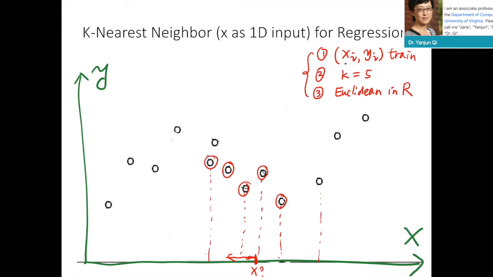Then I'm going to predict y for this specific point as the mean of these 5 points. So you just check out the y values. What is the mean of these 5 points' y? I think roughly it should be here. Let me use a different color to show the prediction.